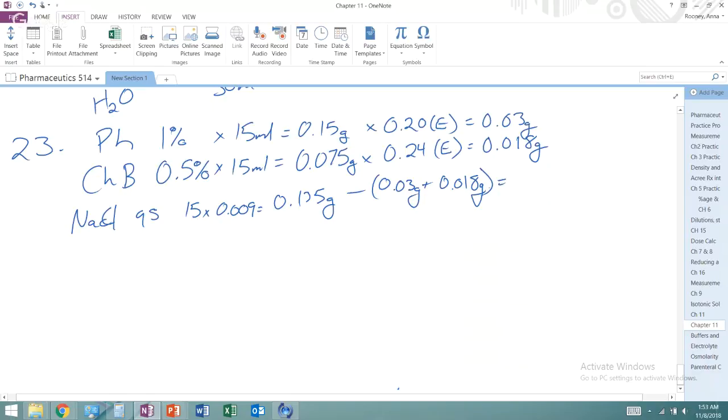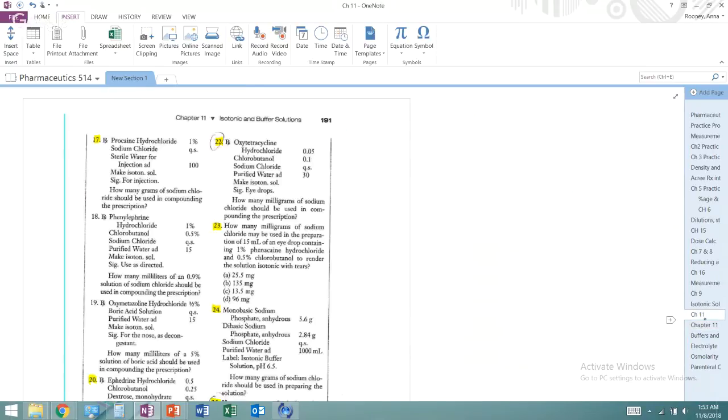And that is equal to 0.087 grams. And we have to choose the closest thing.